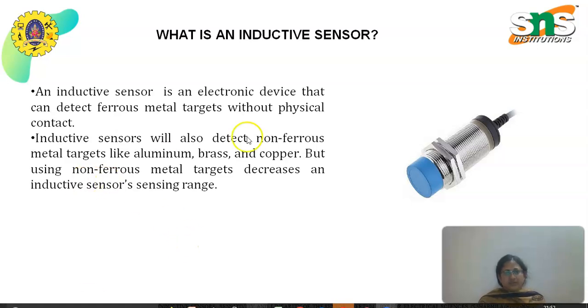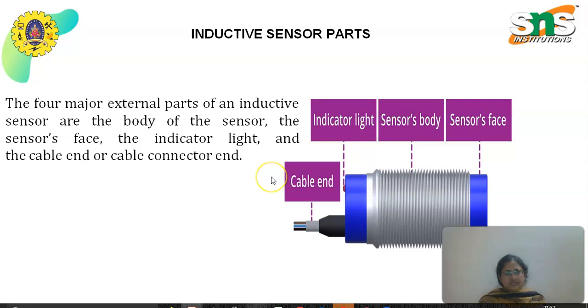The main parts of the inductive sensor are the cable end, the indicator light, the sensor's body and the sensor's face. These are the four major components present in an inductive sensor.